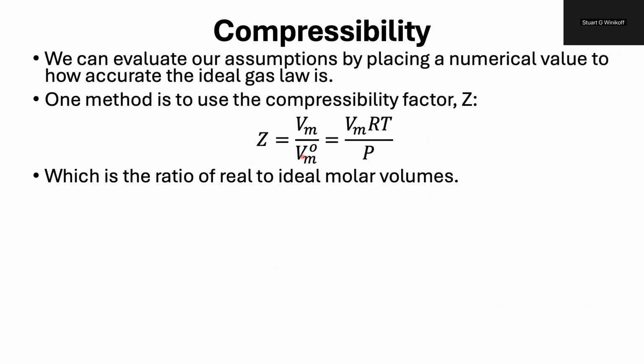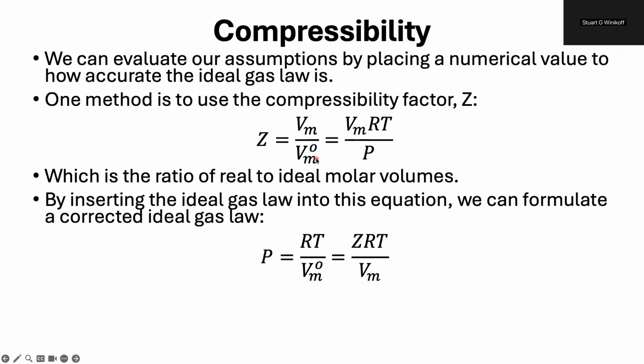So we can imagine inputting the ideal gas law for a more complete version. This ideal molar volume is going to be controlled by the measured temperature and pressure. And so what we're really looking at with the compressibility factor, being the ratio of these molar volumes, is, to a certain extent, that Z will be telling me the relative error in the ideal gas law. By again inserting the ideal gas law, we can formulate it a couple of ways.